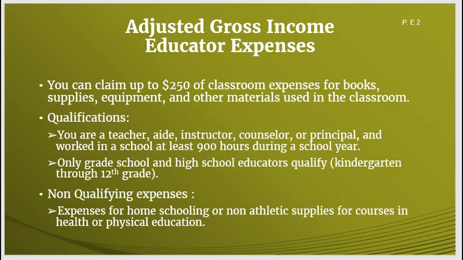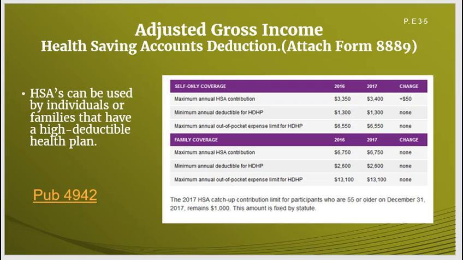There are, of course, qualifications for what the teaching experience must look like, and qualifications for what types of things are going to be qualified to include in the deduction. But there are also some non-qualifying expenses that people have tried to take in years past, and those are indicated here as well and on page E2 of your publication 4012.